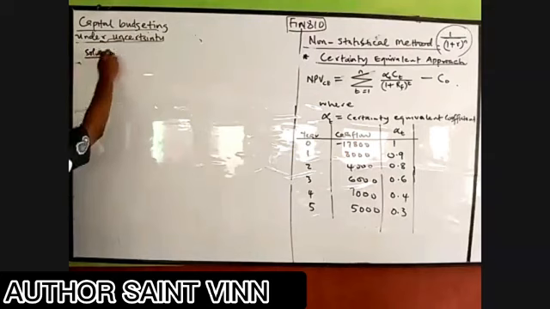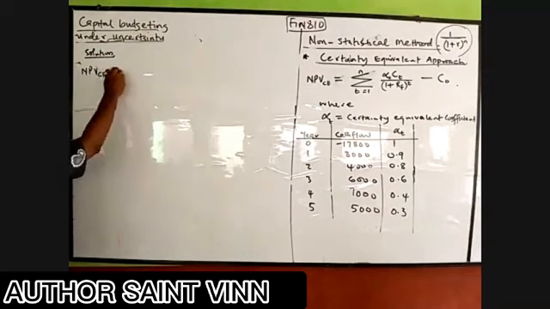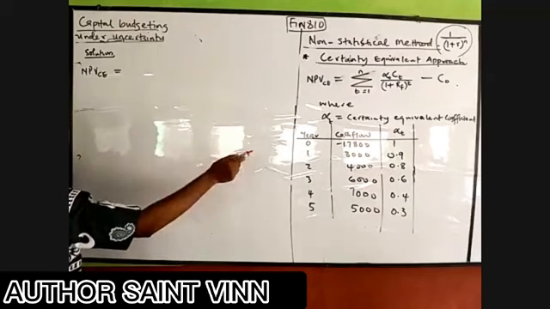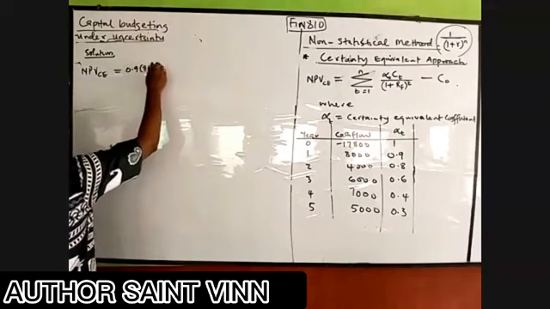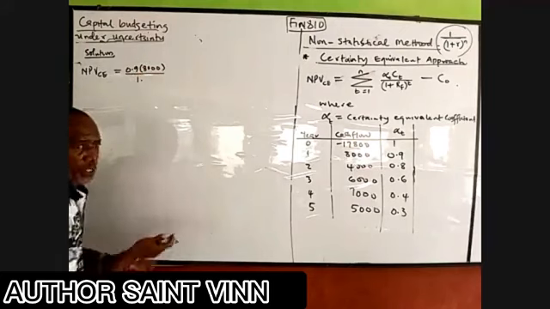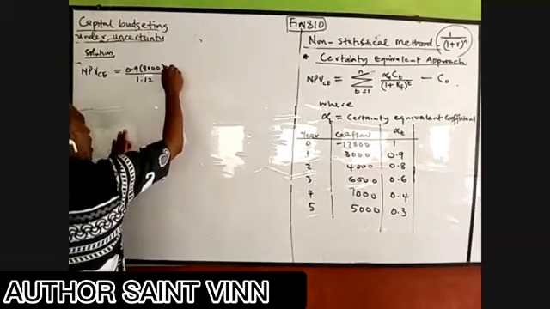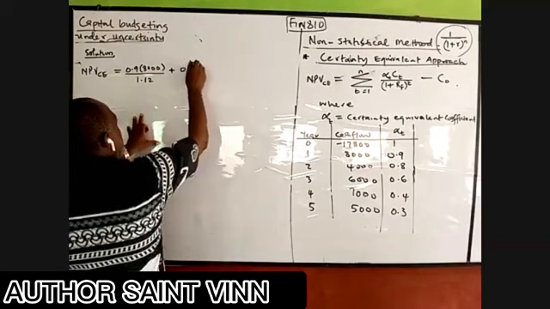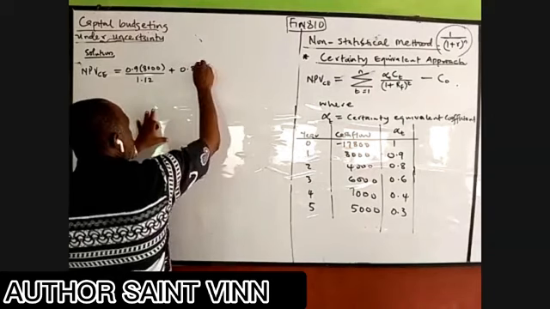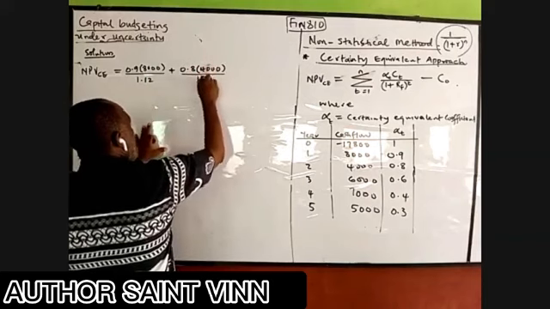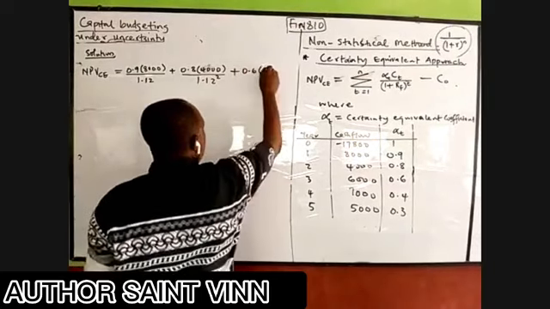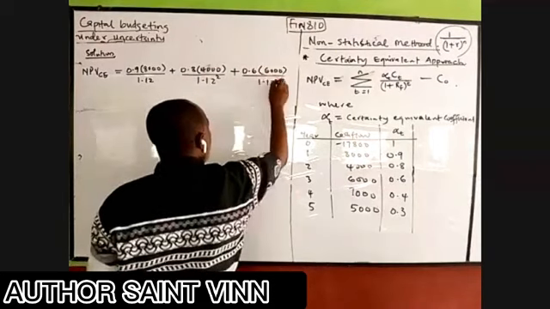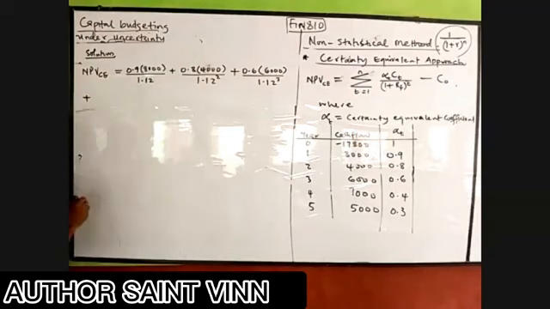Solution. NPV CE is equal to, you know that is 1, that one does not have any effect for me here. 0.9 times 8,000 over 1.12 raised to power 1, plus 0.8 into 4,000 all over 1.12 raised to power 2, plus 0.6 into 6,000 all over 1.12 raised to power 3, plus 0.4 into 7,000.